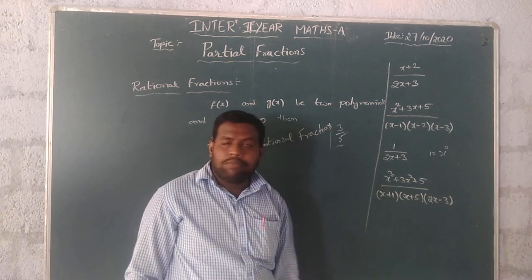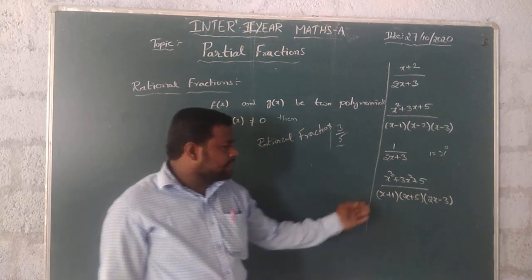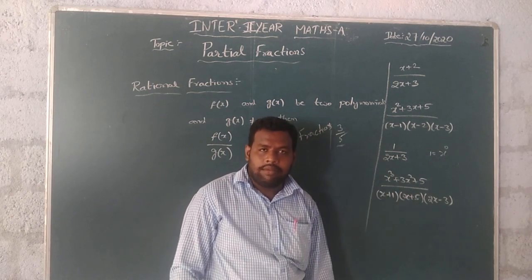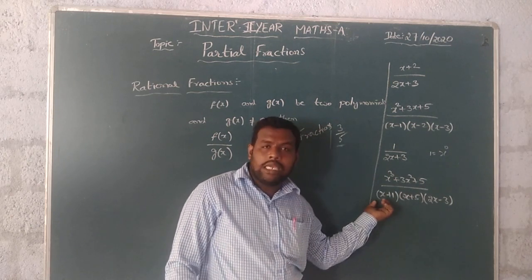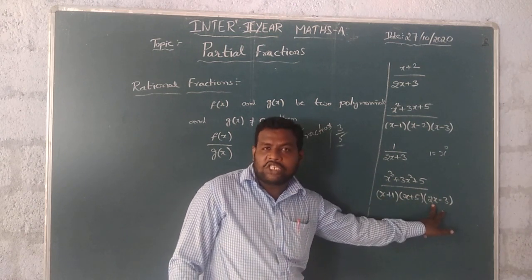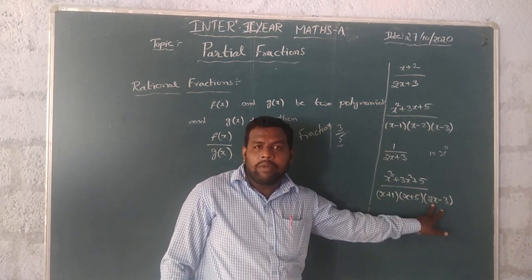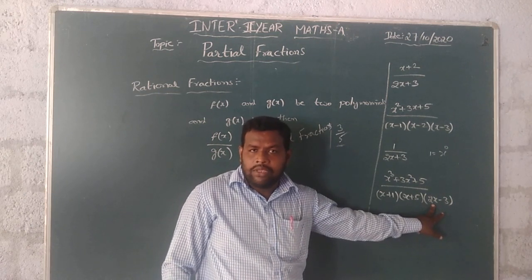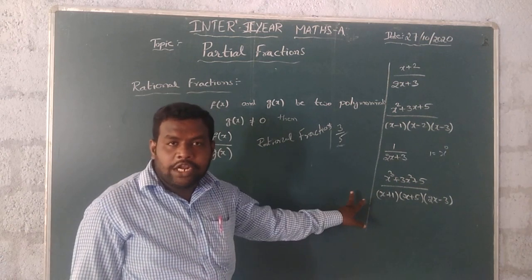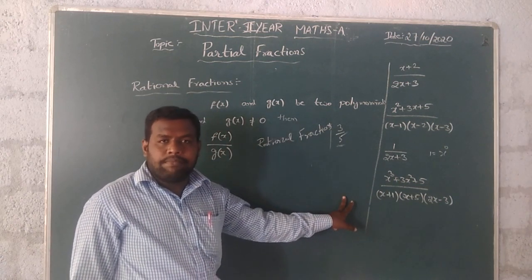In the fourth example, x cube plus 3x square plus 5, what is the degree of numerator? 3. Denominator degree is x into 2x, 2x cube. So what is the degree of denominator? 3. So in this example, numerator degree and denominator degree are the same.